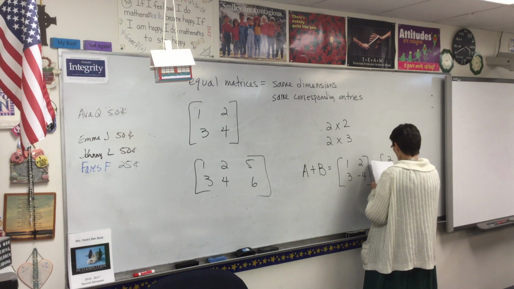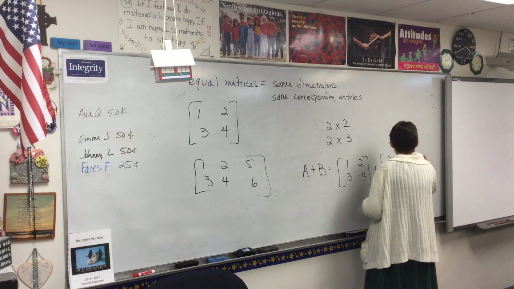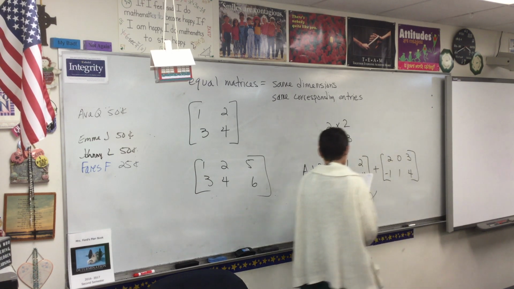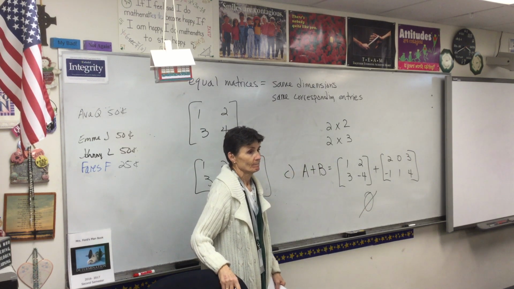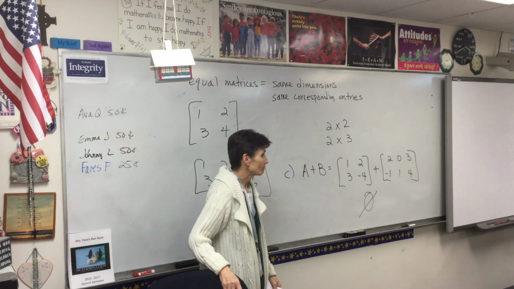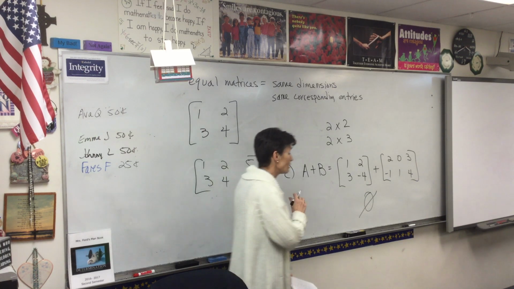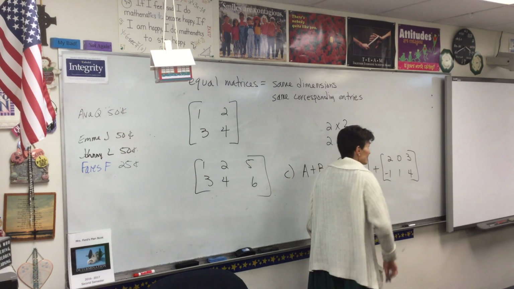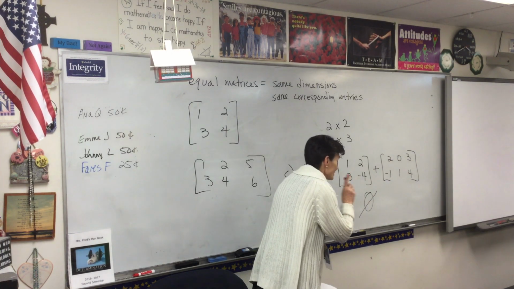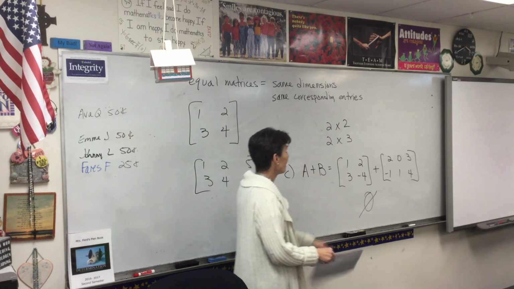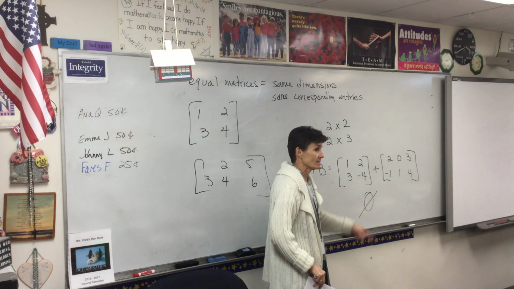It is not possible to add these together. So the answer to question C is no solution. You can write no solution, you can use this empty set symbol, you can write can't do, somehow indicate it's impossible.